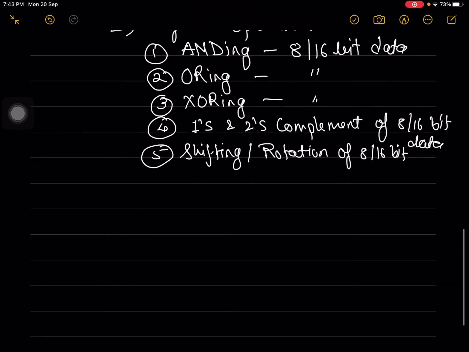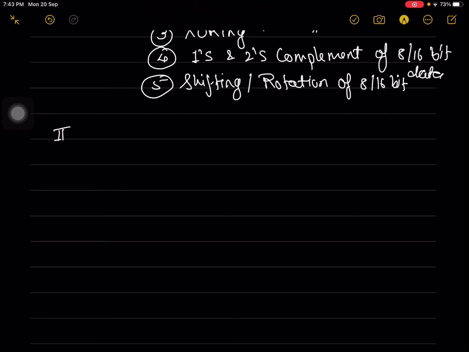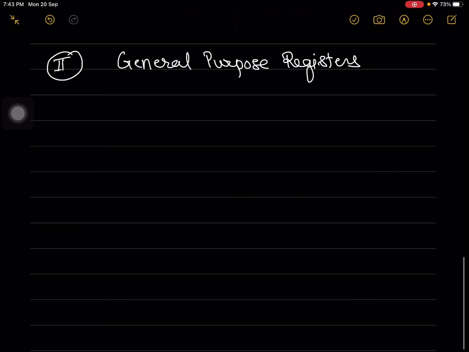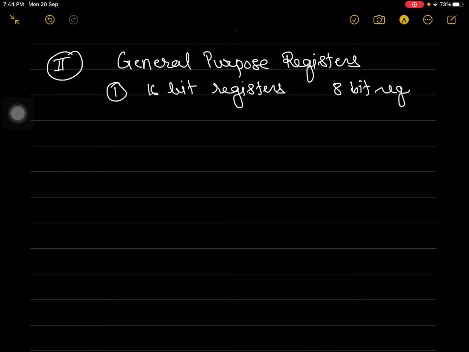Now if you study this in detail, the second part is the general purpose registers. In 8086 there are two categories of general purpose registers: 16-bit registers and 8-bit registers. The 16-bit registers are AX, BX, CX, DX.